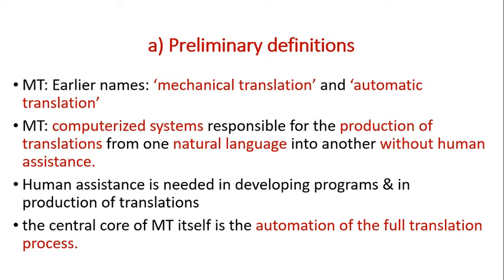Human assistance, of course, is needed, but in developing programs and software for the production of translations. The central core of MT itself is the automation of the full translation process. As I said just now, this is the core objective of machine translation, that automation of the full translation process.